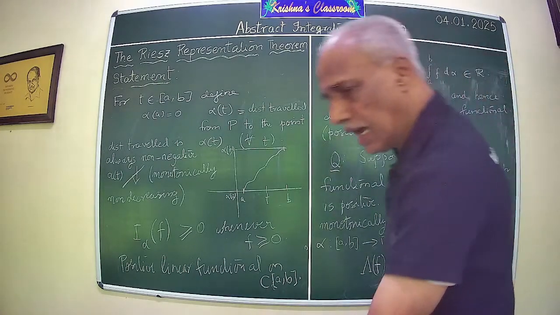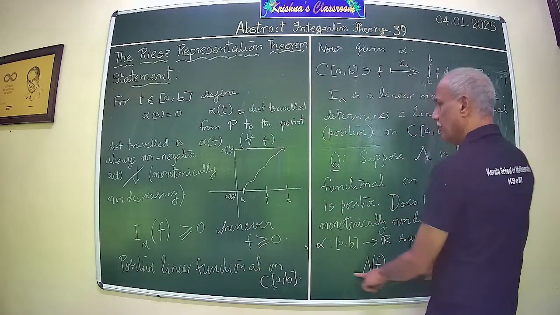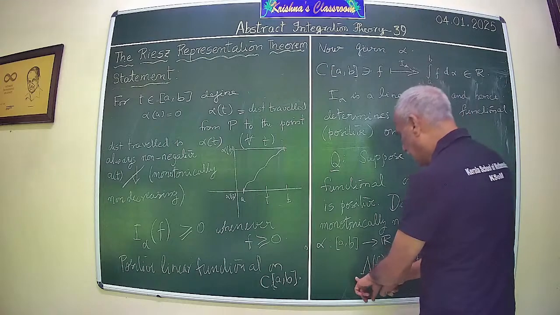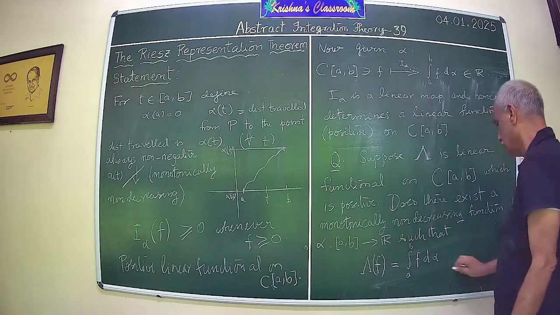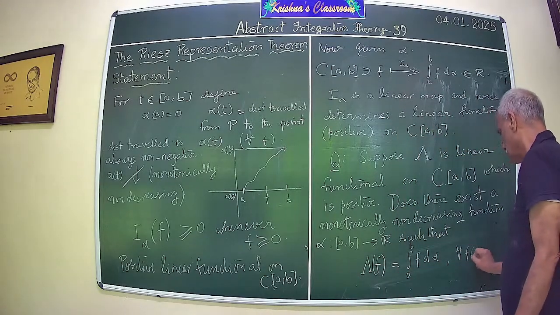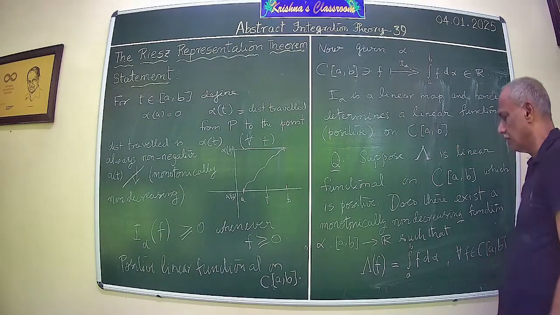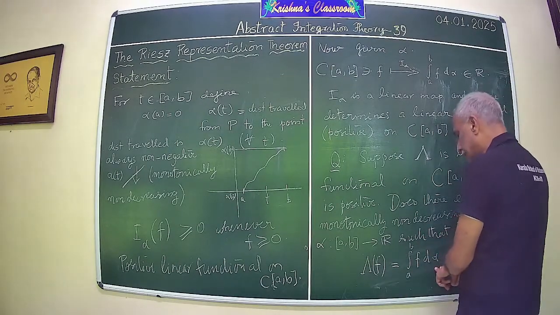So given alpha, you can define a linear function. Now you are asking the question, given a linear functional, does there exist an alpha?